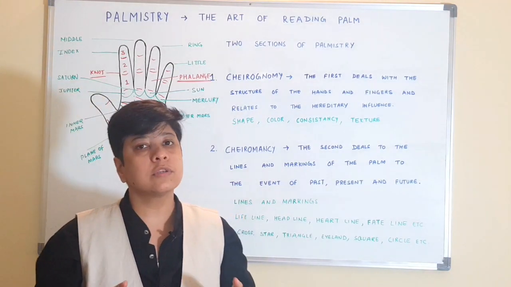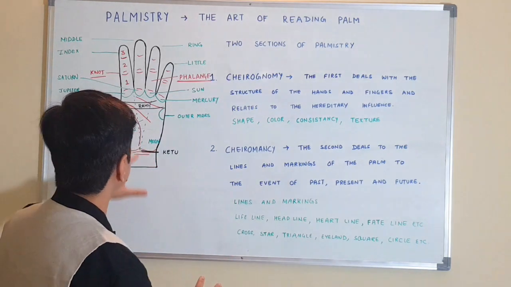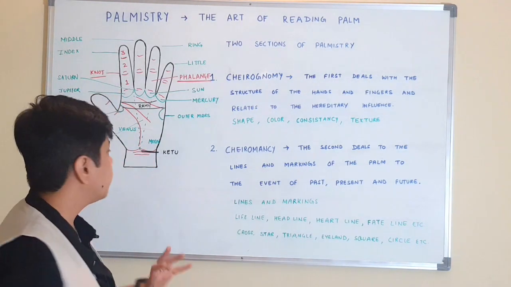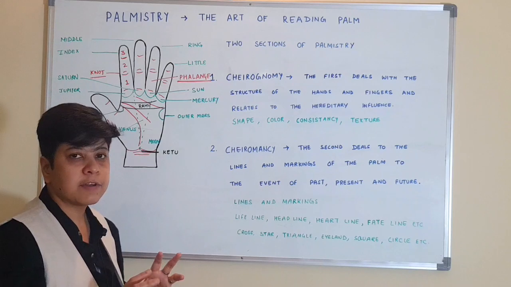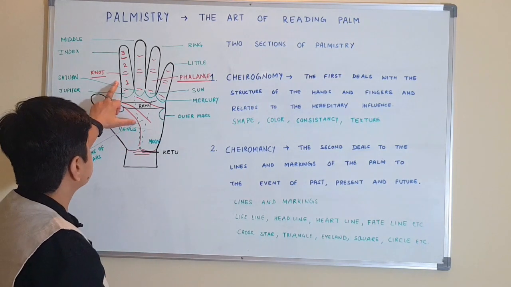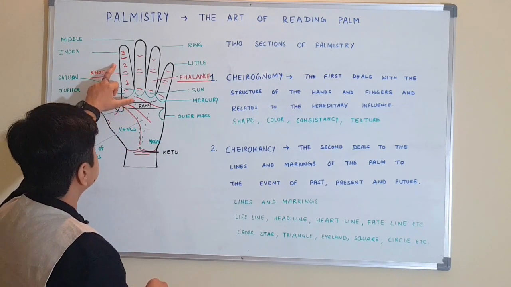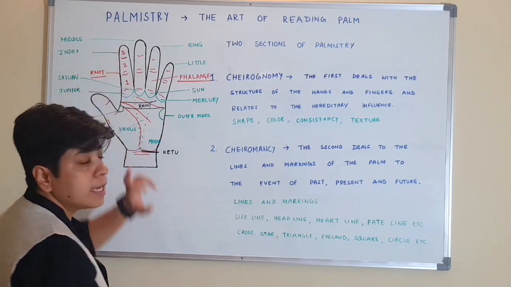I would like to throw some more light on the significance of the phalanges. We have given some categories to these phalanges: this one is the sattva guna, this one is the rajas guna, and this represents the tamas guna.